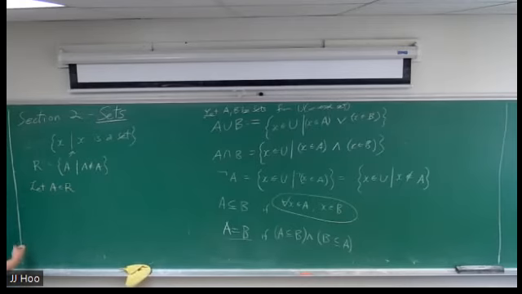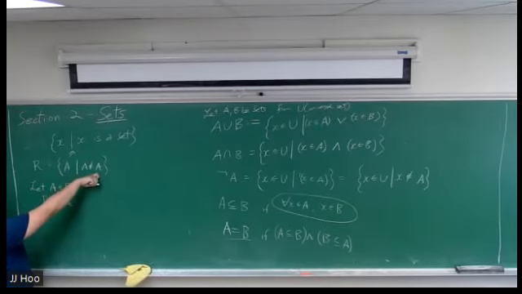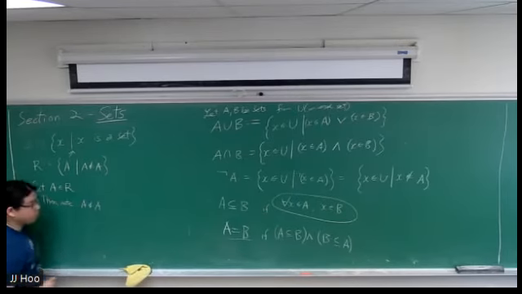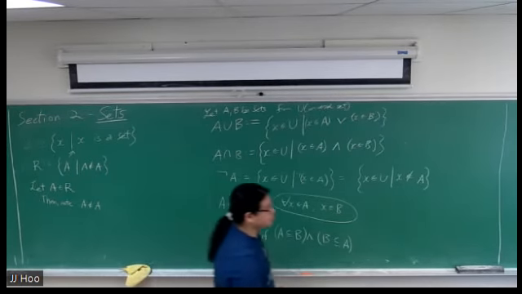Well, let some set A be in R, right? Then by definition, since A is in R, A is not a member of itself, right? And so we can go forward and say something about this.